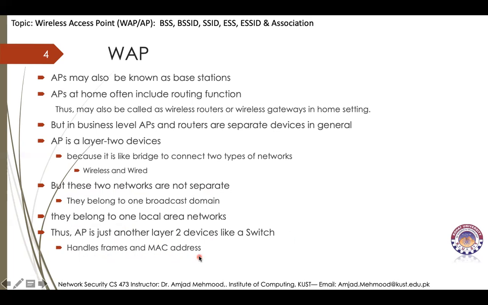So where the WAP or wireless access point is connected, above that you have a wired network, and below that you have the devices which are connected wirelessly. And we have one broadcast domain. Like, for example, if you consider a switch, a wireless access point is also a layer 2 device, and it acts the same as a switch.